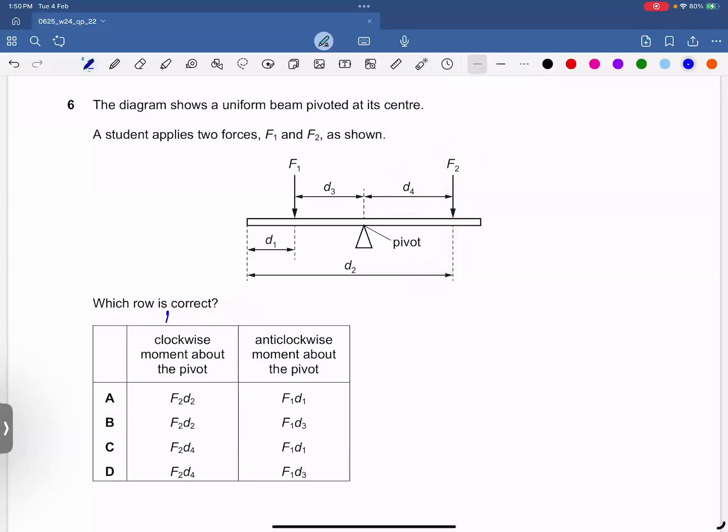So F2, D4, these two options. Now we need to choose the anticlockwise moment. I'm using a red color for you. It's this one. The anticlockwise moment is F1 times D3. Option is D. Very easy question.